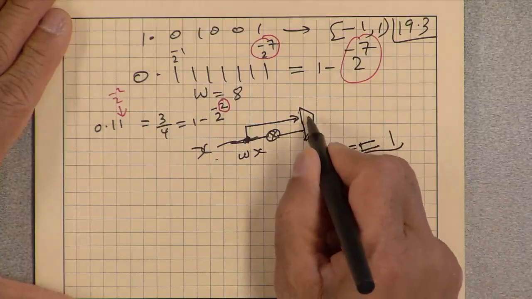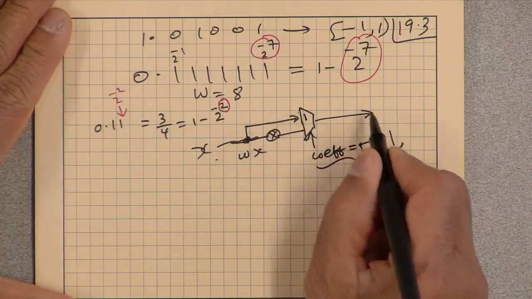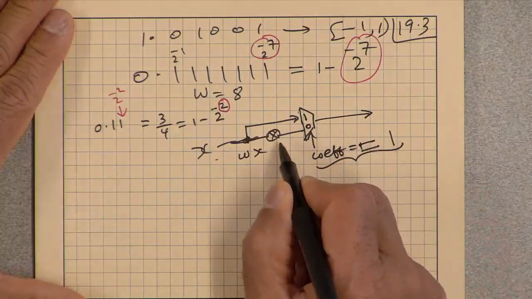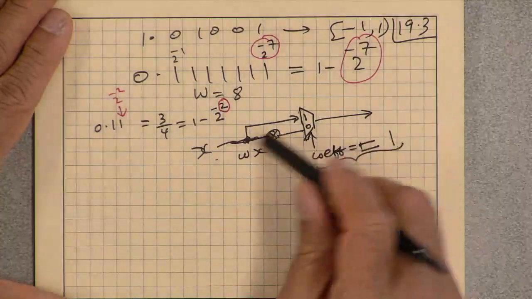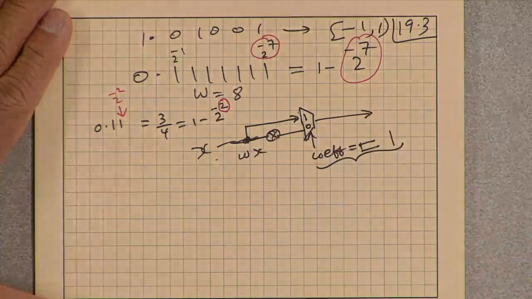If this is true, then you bypass, so the output is just X. And if it is not true, then you take the value of the product. So that's why we don't really multiply anything: if the coefficient is 1, we just bypass the multiplier.